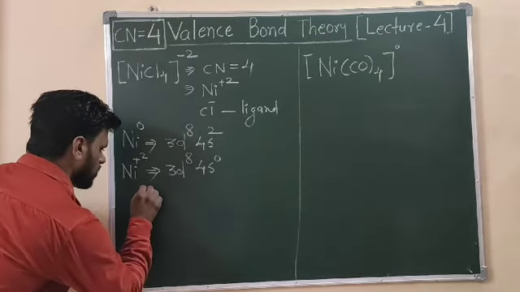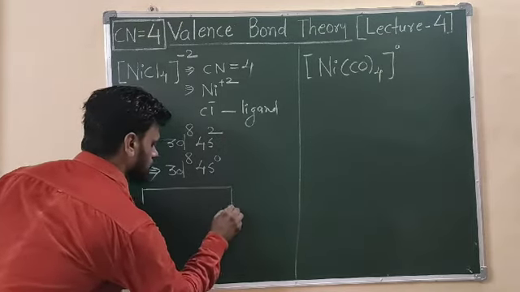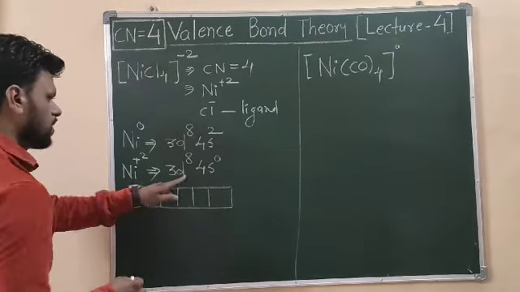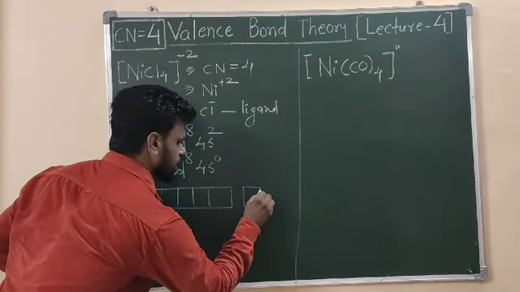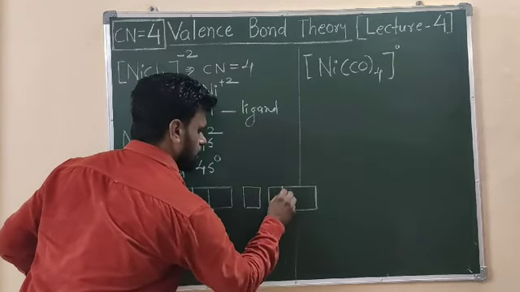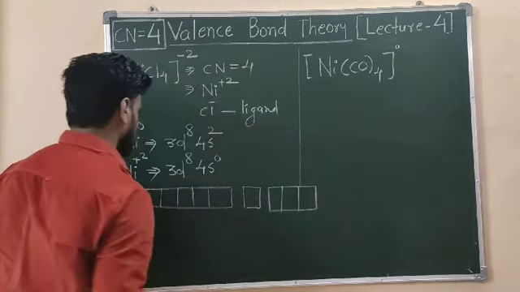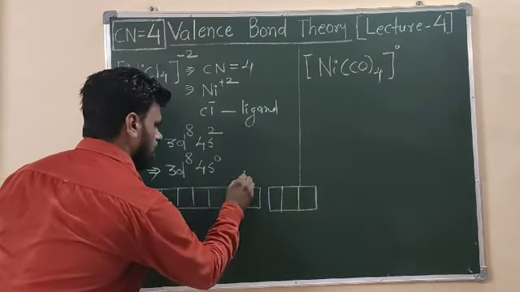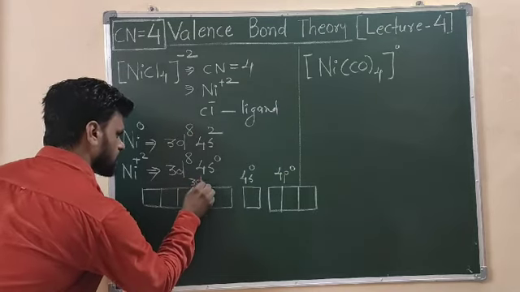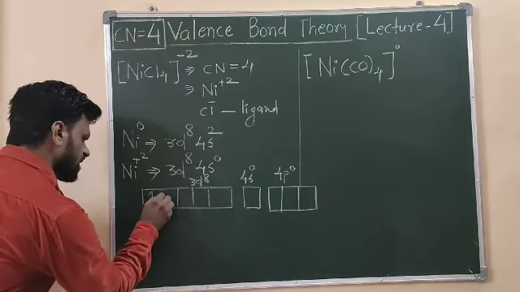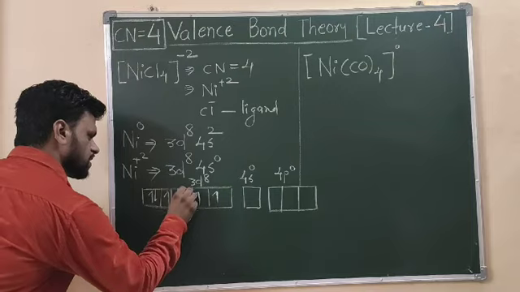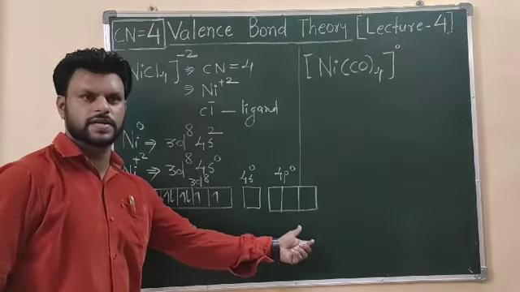If I write down 3d8, we have 5 orbitals. The 4s is empty and we also have a 4p, with 3 orbitals. This is my 4s0 and this is 4p0, and here we have 3d8. So I put the electrons in: 1, 2, 3, 4, 5, 6, 7, 8, and the rest are empty.